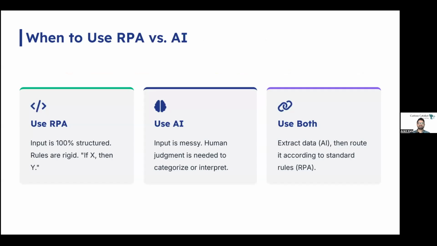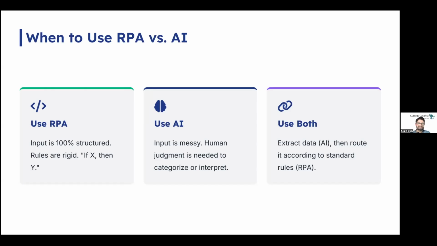So the practical question is, how do you know when to use RPA versus when to use AI? We can start with, do you have a process to automate? Is your data always structured and in the same format? If the answer is yes, the next question, can you define every scenario with if then rules?